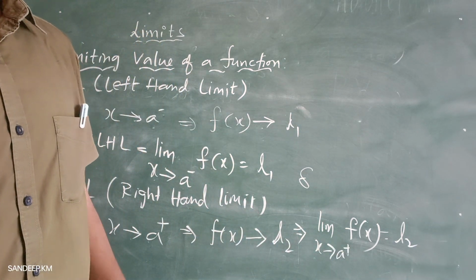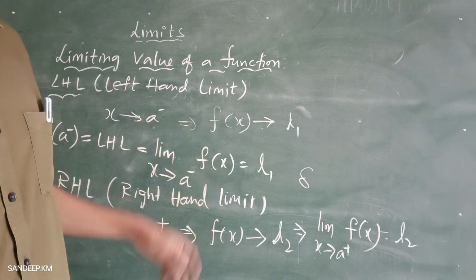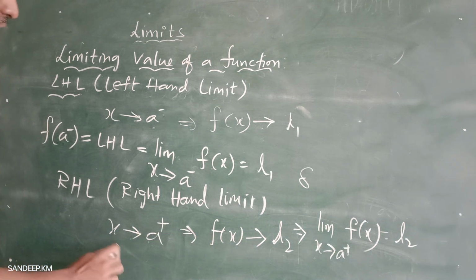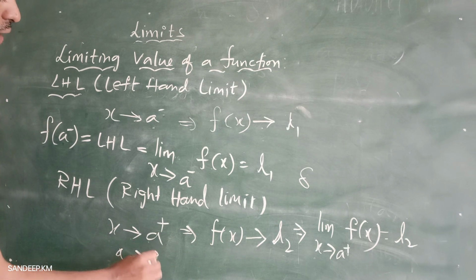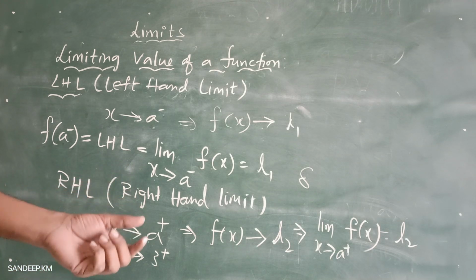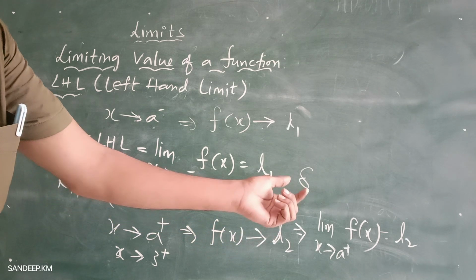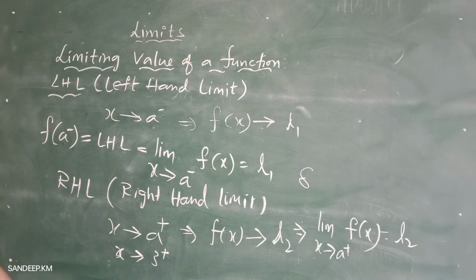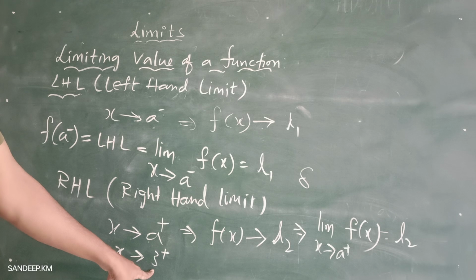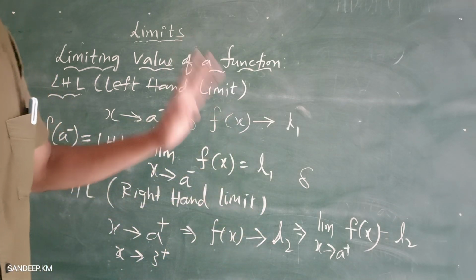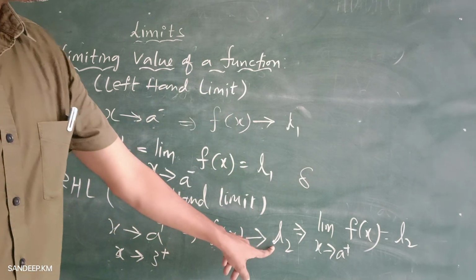Now if you want an example just like for the previous one, let us assume that x is approaching 3 from the right side, which means the actual value of x is 3.000000 some number. So x is approaching 3 plus. Then f of x is also approaching some number, and that number is called L2.